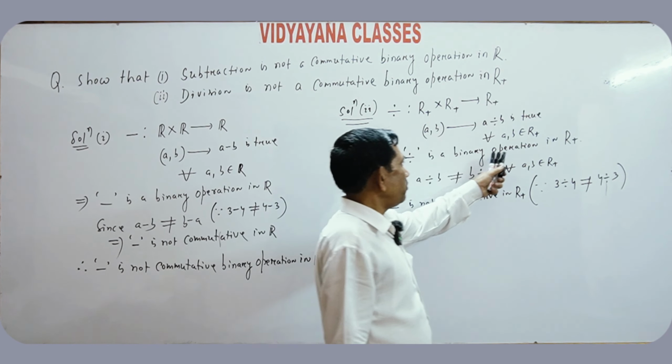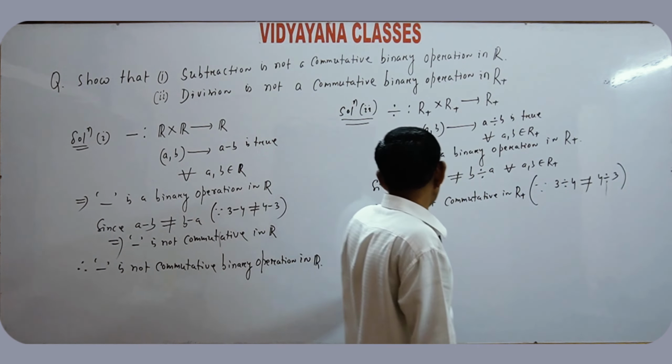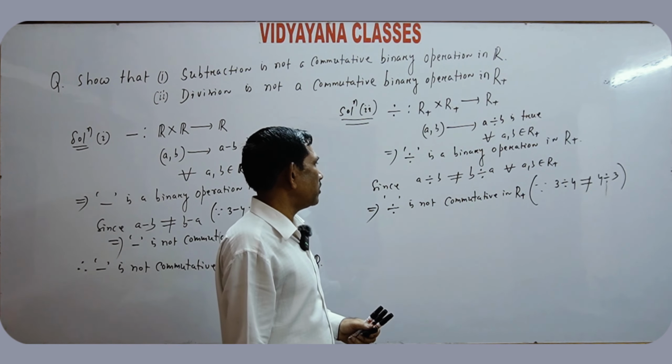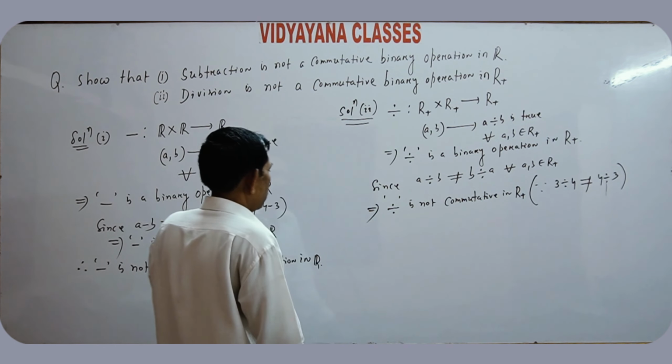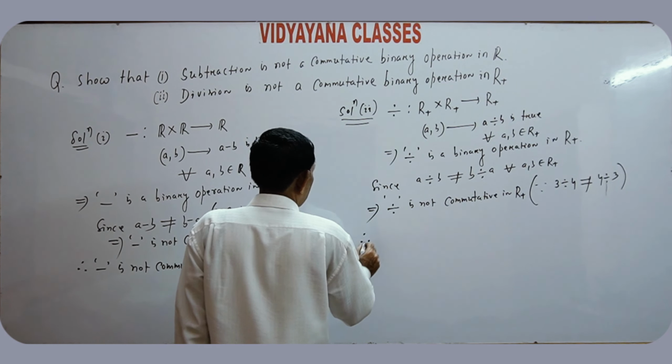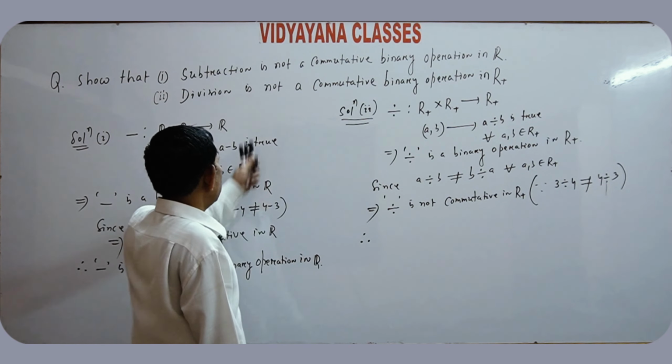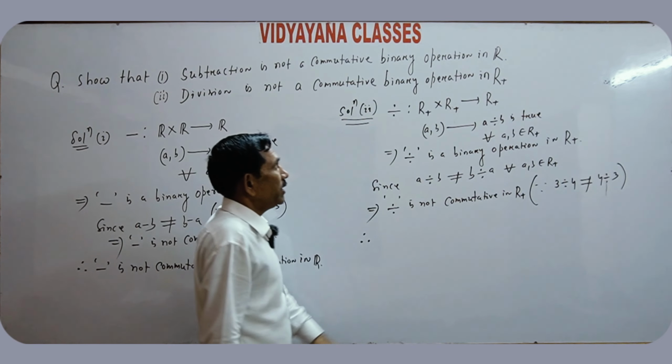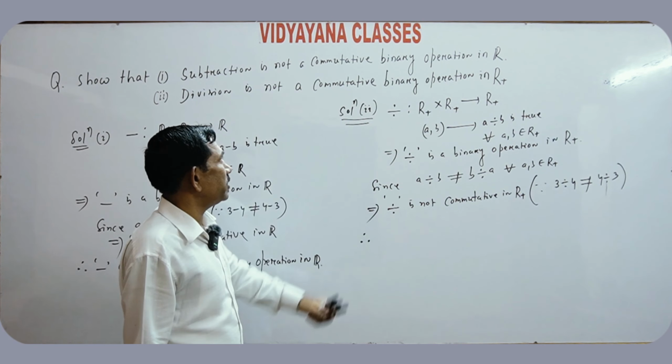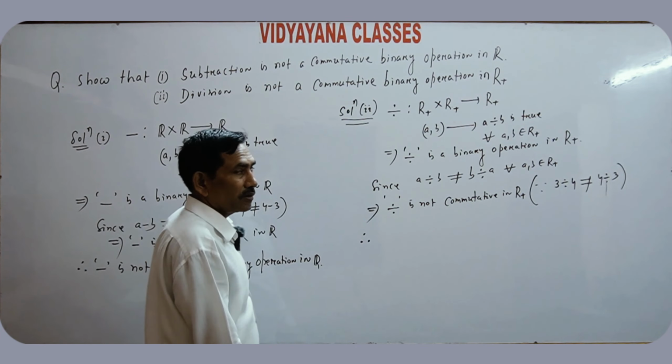Division is a binary operation in R plus, but division is not commutative in R plus. Therefore, division is not a commutative binary operation in R plus. Clear?